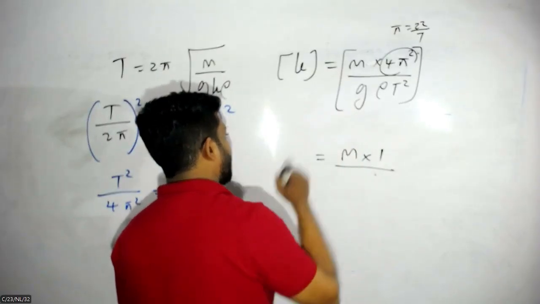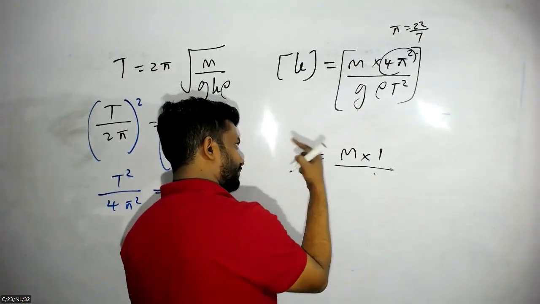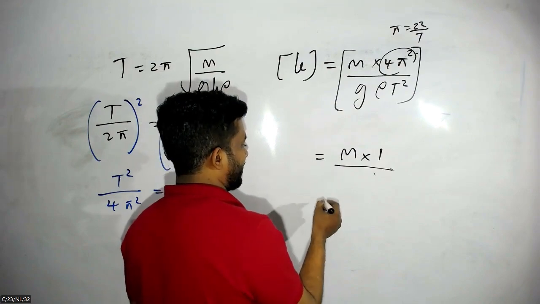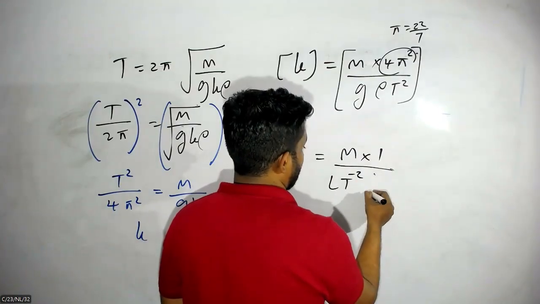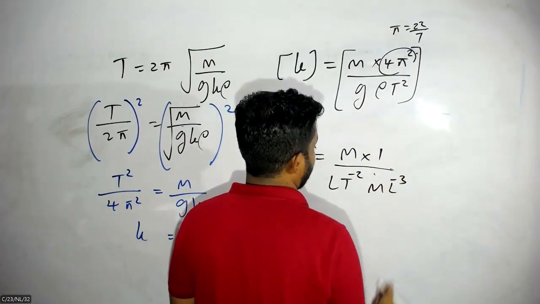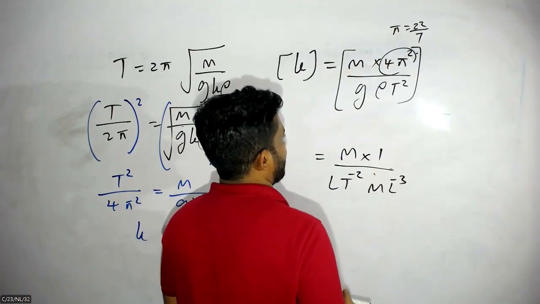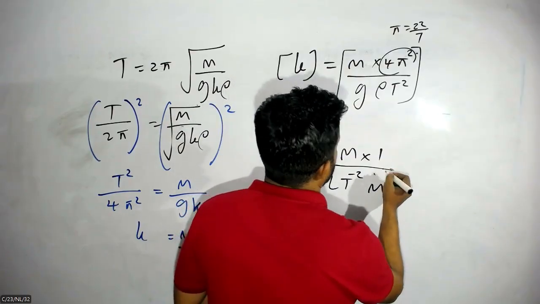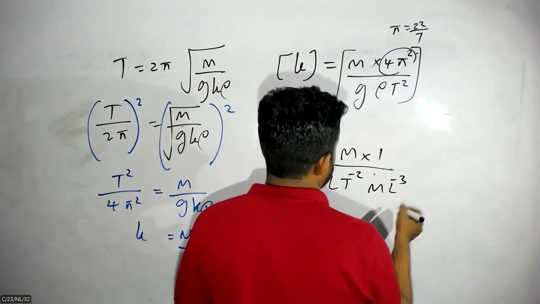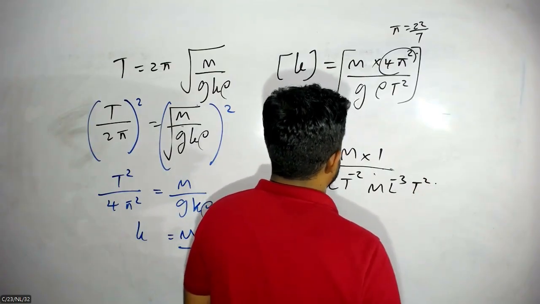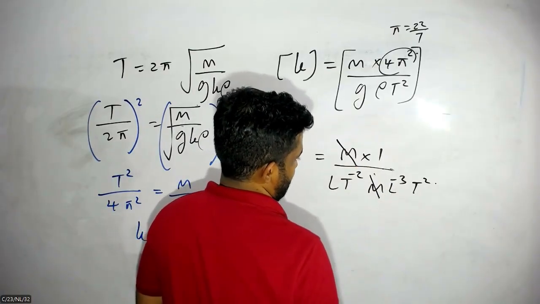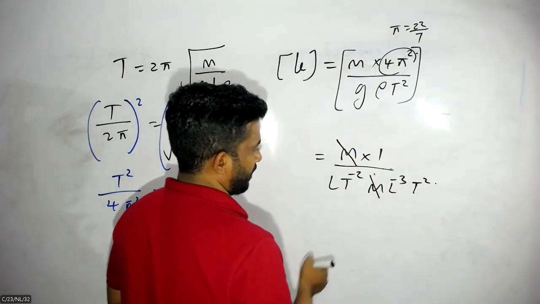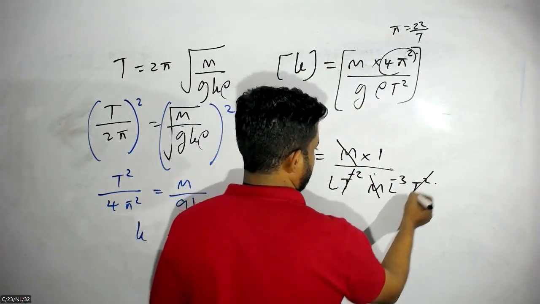Right. Then the dimensions of simple g, gravitational acceleration, is LT minus 2. Dimensions of density, mass over volume, no? ML minus 3 is the dimensional formula, right? Here time T squared, T to the power 2. Then M and M cancel. Minus T2 plus T2 cancel.